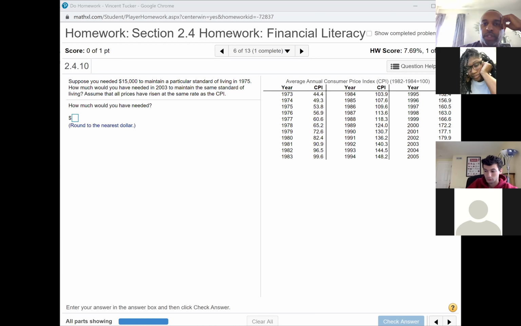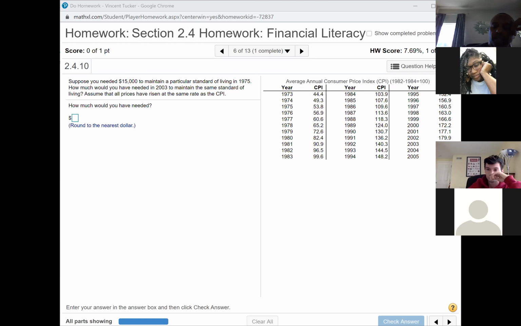Questions on what we have extracted from the chart and the problem so far? All right, so price in 1975 is 15,000.